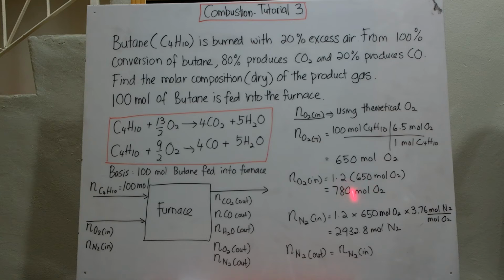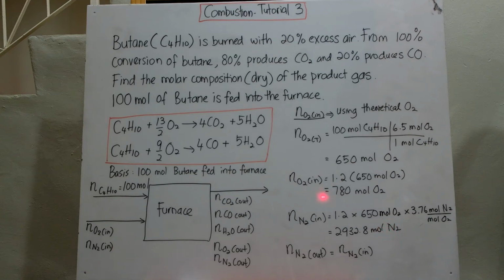From this information, we can find the number of nitrogen that goes in. We still use the equation of O2 here, but we have to multiply it by the ratio of nitrogen to oxygen. Then we get the number of mole of N2 is 2932.8 mole of N2.